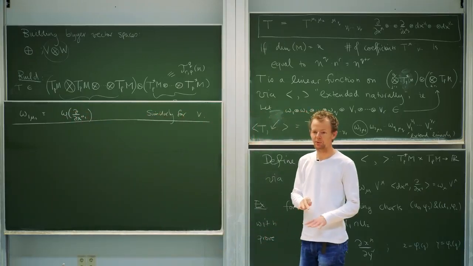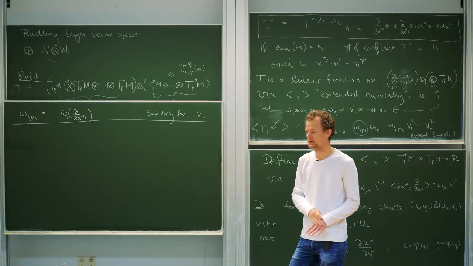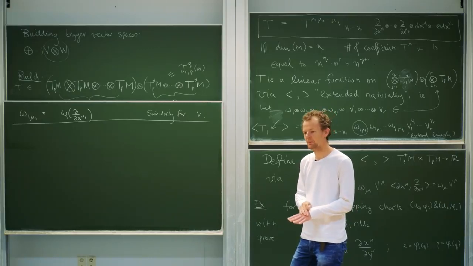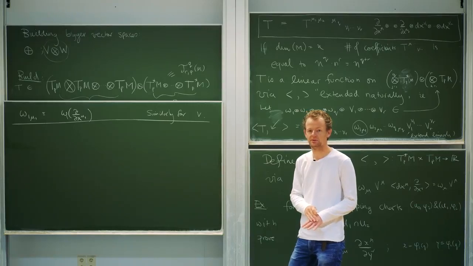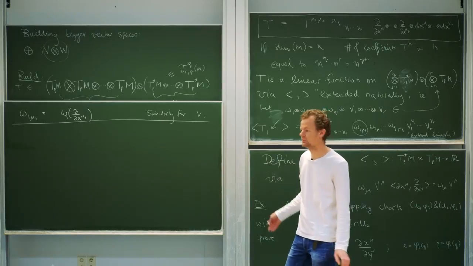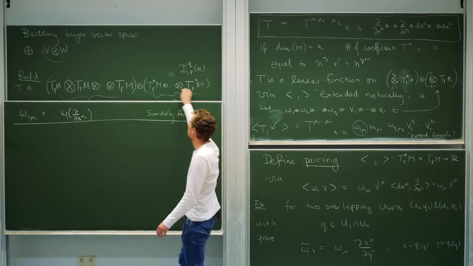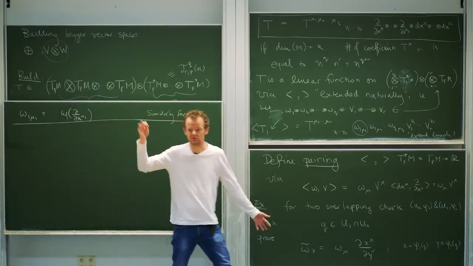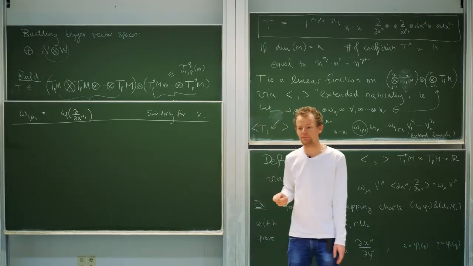If you go to one point of an m-dimensional manifold and look at all the vector spaces you can build, fantastically huge vector spaces. As the number of tensor components here grows, these vector spaces grow exponentially in their dimension.